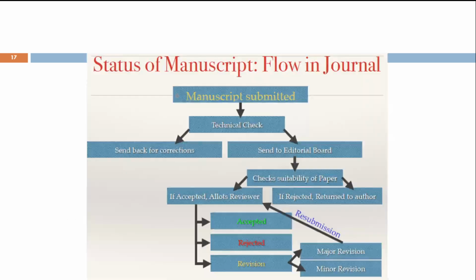Number one point, you just see here. The status of the manuscript, or flow in a journal, means first of all you will try to find out a suitable journal, right? Why am I saying a suitable journal? Because there are a lot of subjects: engineering, mathematics, physics, biology, microbiology, pharmacy, commerce, management, and for each and every subject there are different journals.